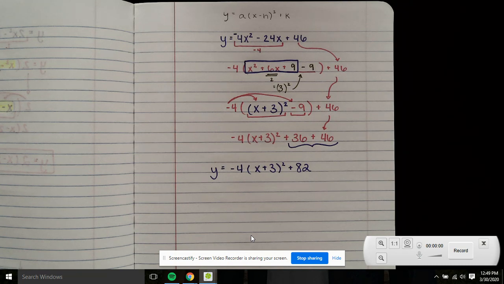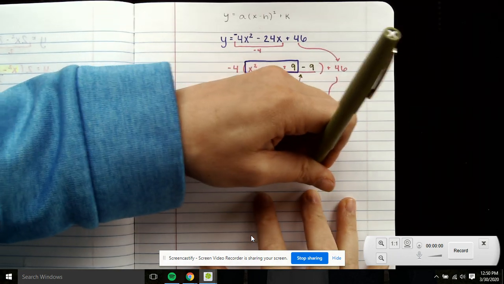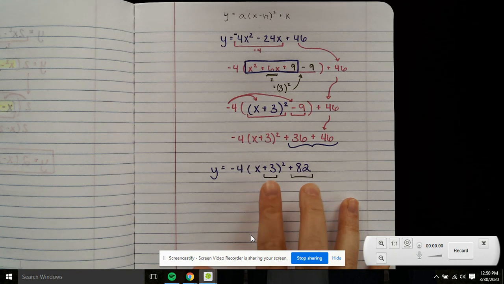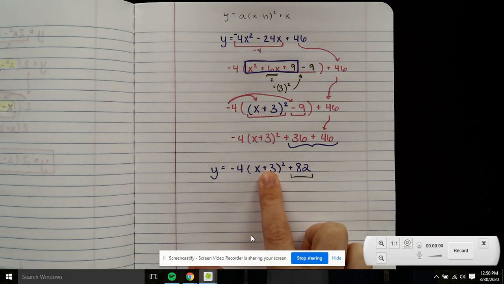Now just to extend on this a little bit, if you think back to our first activity with graphing in vertex form, you can remember that these values here give you your vertex. So my vertex here is not going to be positive 3. Remember, since that's x minus h, the inside is opposite.